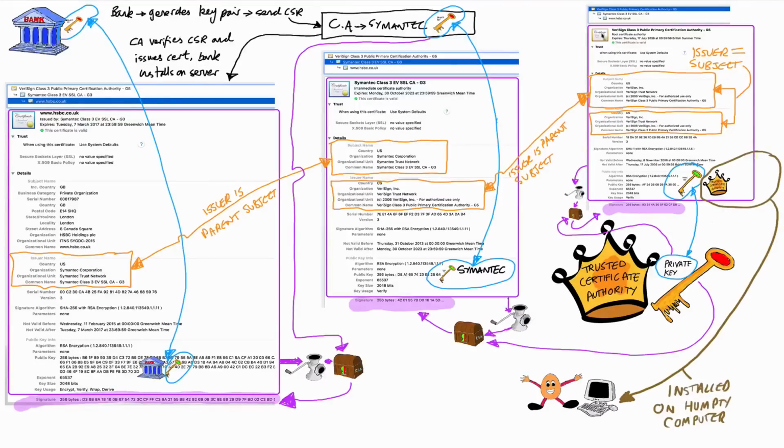Okay, so again we use the issuer name, and we say, right, I know what my root certificate is. I'm going to look up the public key in my root certificate, and I'm going to decrypt the signature down here, and I'm going to hash everything inside the purple box, and if the two of them match, then I can honestly say that all the contents of this purple box are totally valid.